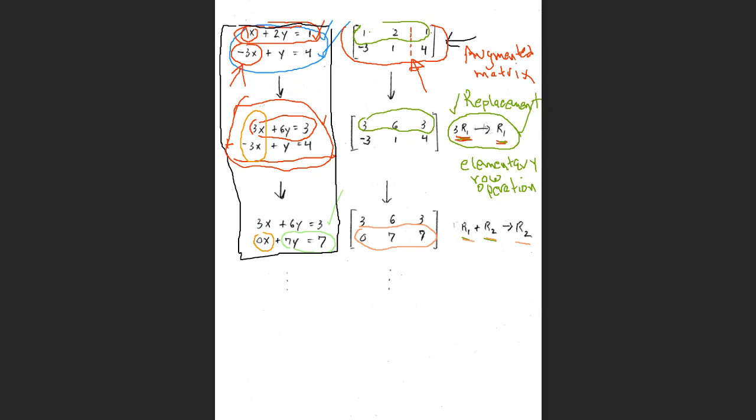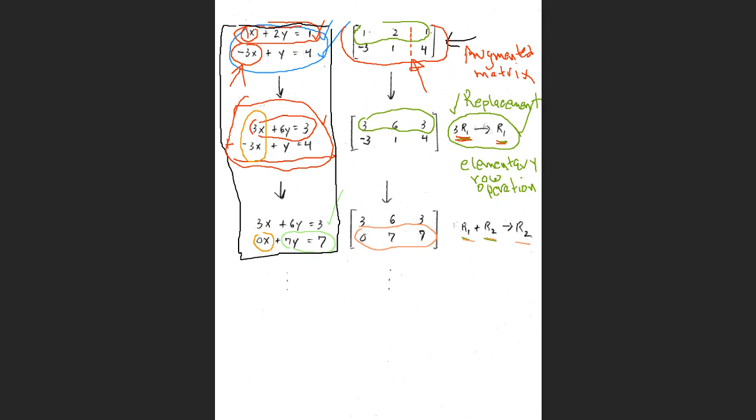That just means 0x plus 7y equals 7. So this is, I want to be careful here. Well, it's another type of row operation. Actually, I think I have an error here.